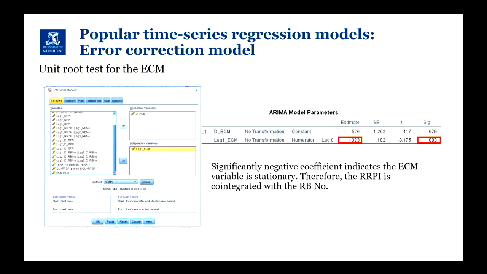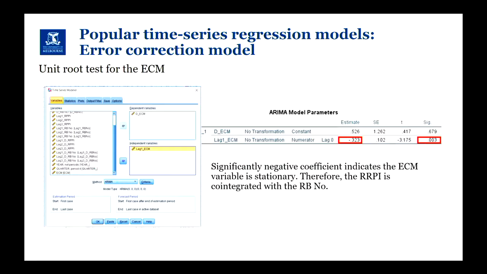From the results, we find the coefficient is significantly negative. Therefore, the error term is stationary, and so the house price index is co-integrated with the residential building numbers.